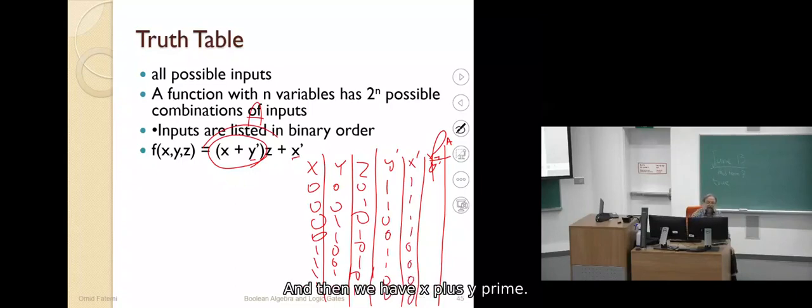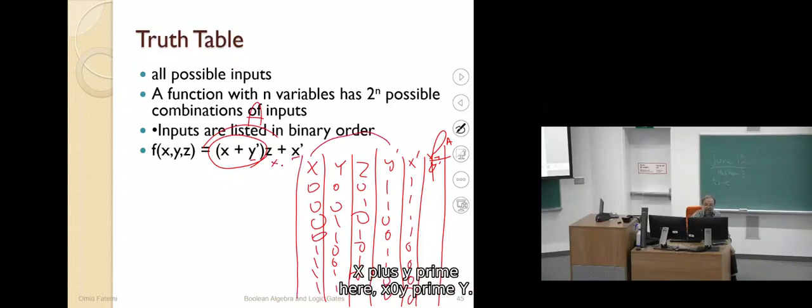And then we have x plus y prime. X plus y prime means these two together. Instead of doing it in mind, let me write it at this side. x is 0, y prime is 1, so it is 1, the OR of 0 and 1. Again 0, 1, so it is 1. Let me show you.